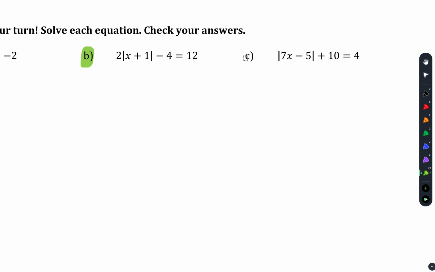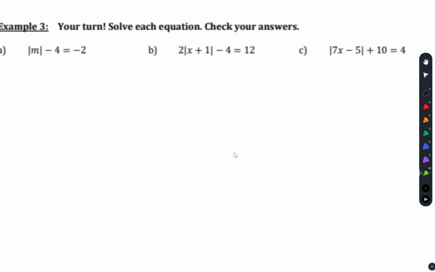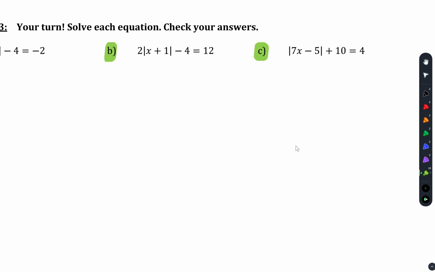I want to do B and C, and I think we can skip A because I think that's too easy for us. Can I get 2 people? 1 for B, 1 for C. I saw Emma and I saw James first. Which one do you want?